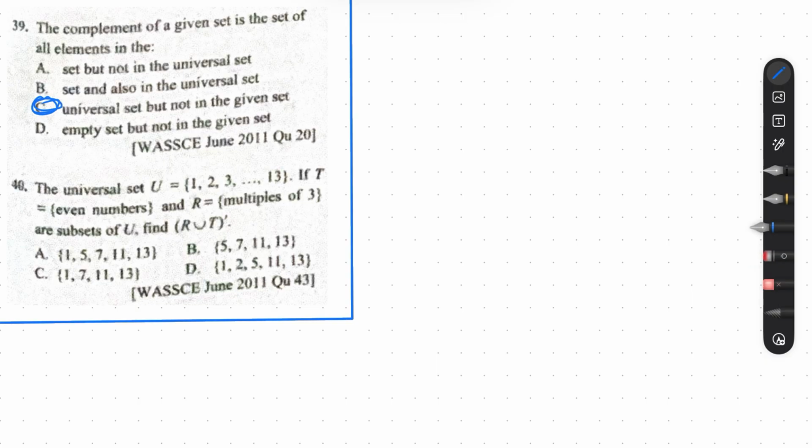Okay, so U is from 1 to 13: 1, 2, 3, 4, 5, 6, 7, 8, 9, 10, 11, 12, 13. Okay, that's a universal set. And then T is even numbers.